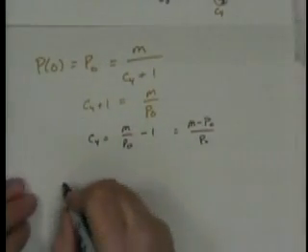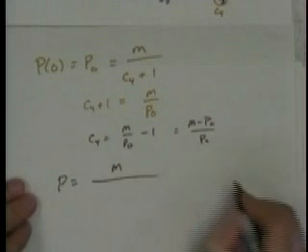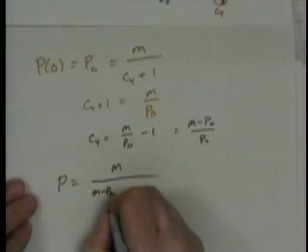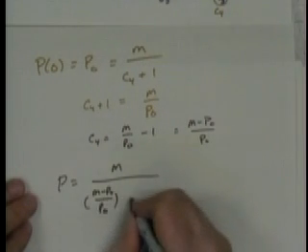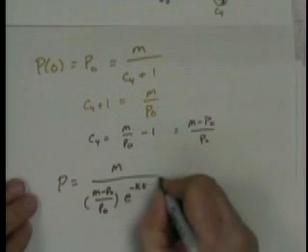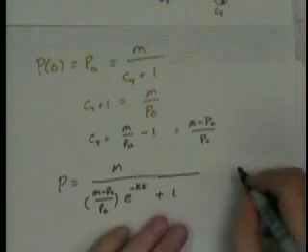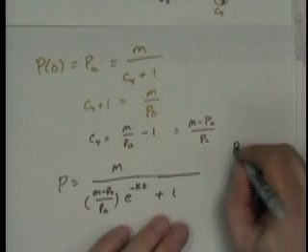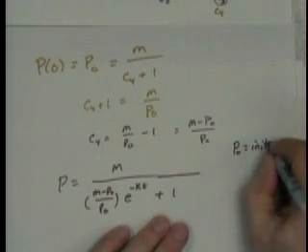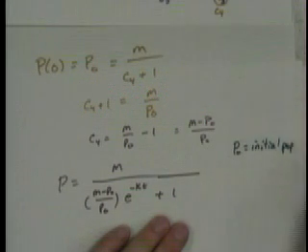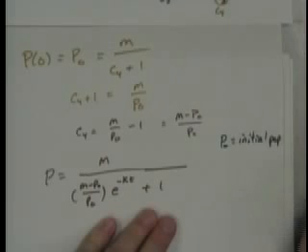There's a lot of algebra to get to finally where we say P equals M over M minus P naught over P naught e to the minus kt plus 1. So P naught is our initial population.